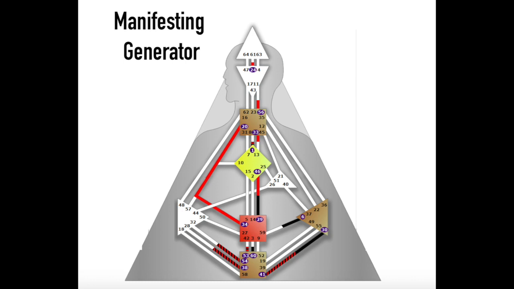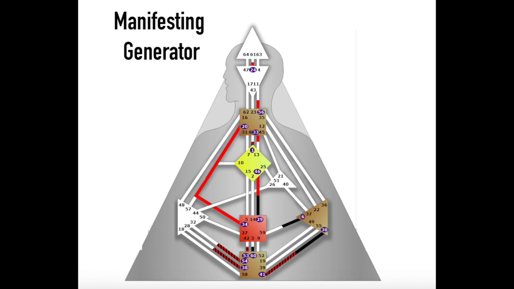That's pretty common with this type, but more often than not you're going to find you're most successful when you take your time and really feel out a lot of the space before you voice your opinions. And so manifesting generators are very important nevertheless, and just like generators, they make up the majority of the population.